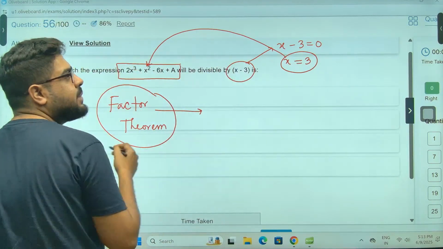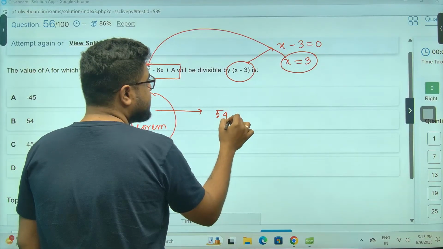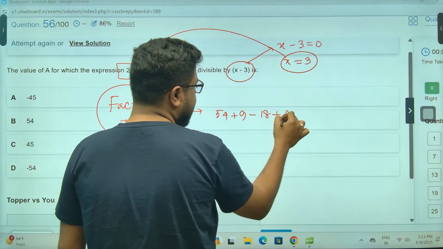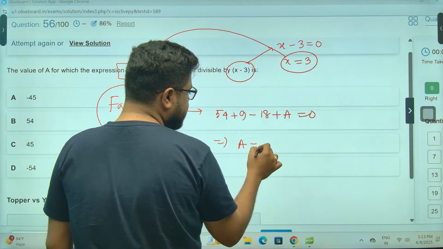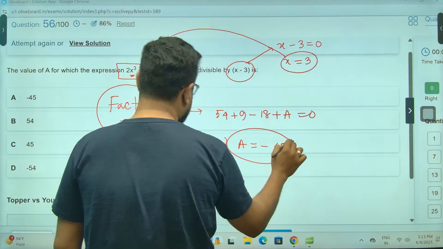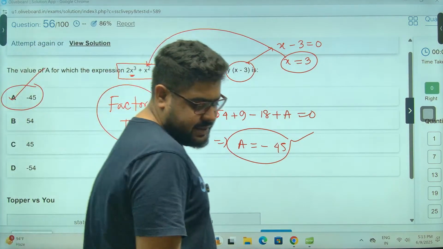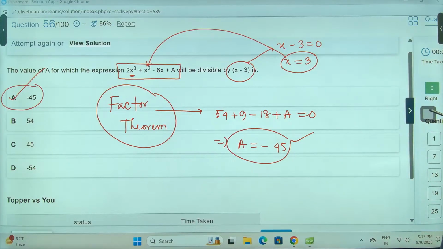So 27, 2s are 54, plus 3 square is 9, minus 18, plus a must be equal to 0. So a is minus 45. Option A is your correct answer. Yes, A, Raghu, Reena, both of you are 100% correct.